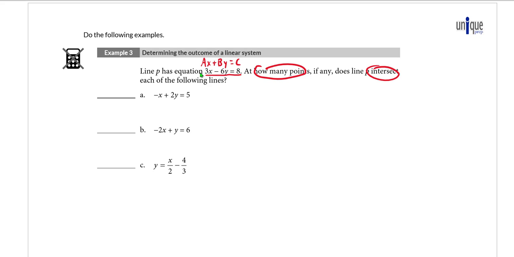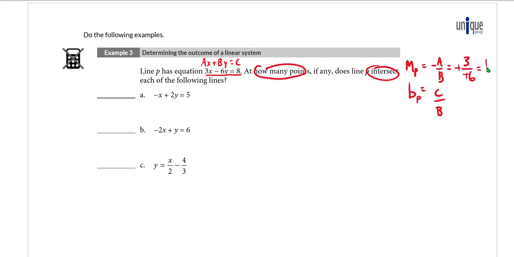So I am first going to determine my slope of line P and my y-intercept of line P using my negative a over b and c over b shortcuts. So a in this case is 3, that's the coefficient in front of the x. B is negative 6, that is the coefficient in front of the y.